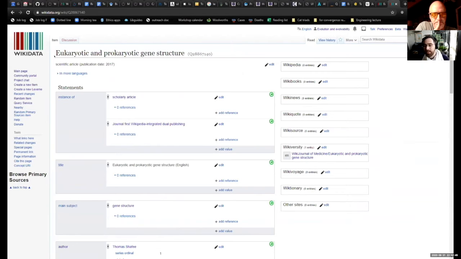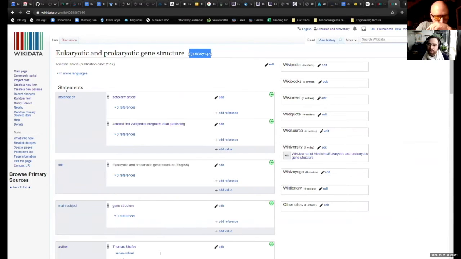So here's the item for, again, this scientific article published in 2017. It is Q288-67140. In the same way that you have an ORCID identifier, this is like an ORCID identifier, but for anything, for a person, for a journal article, for a method, for anything.